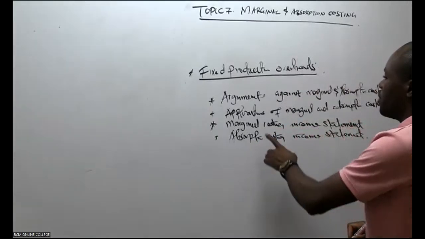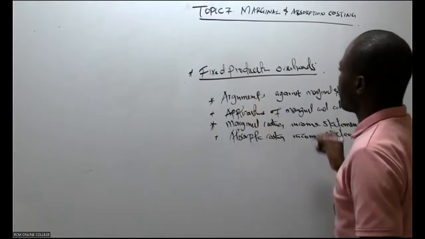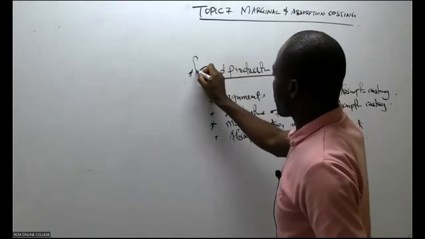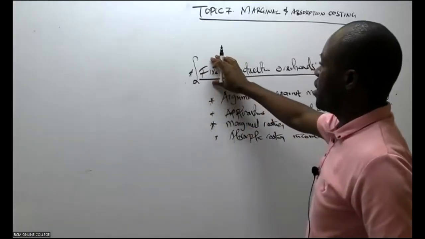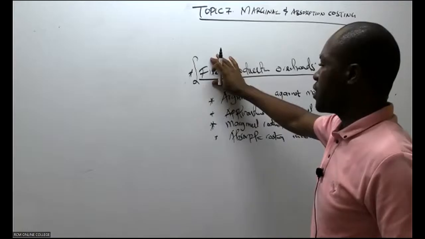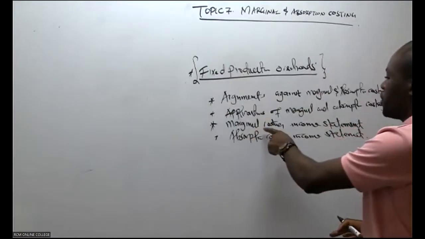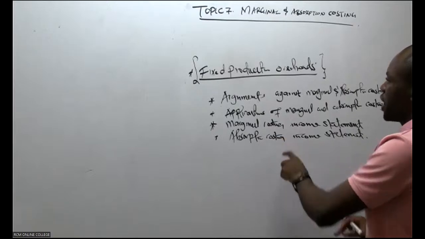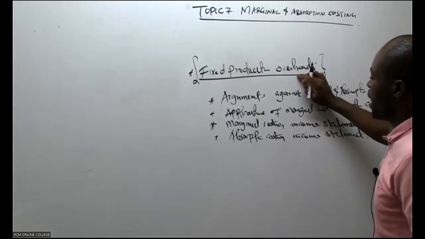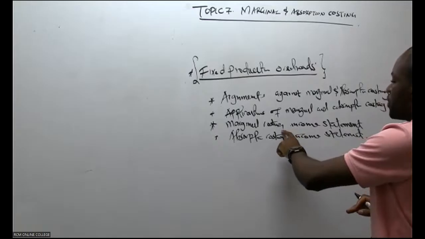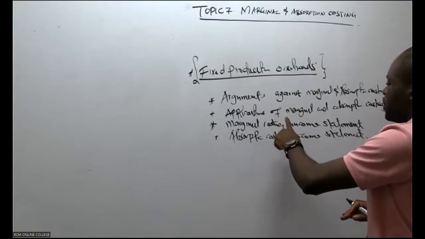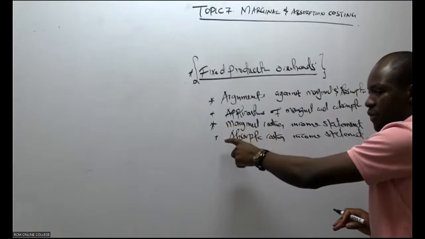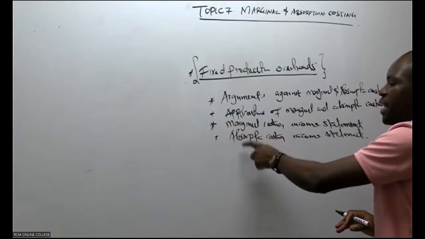And of course, due to the difference in method or the procedure of getting the net profit, this one here will bring a very huge difference or effect to the net profit of marginal costing and also the net profit of absorption costing. How we are going to deal with this one here in these two methods will determine the amount of net profit that you're going to get as per this, and also the net profit you're going to get as per absorption costing.